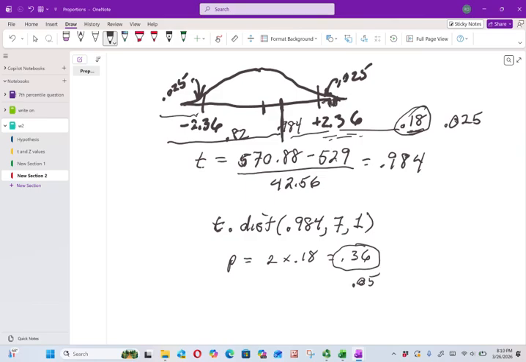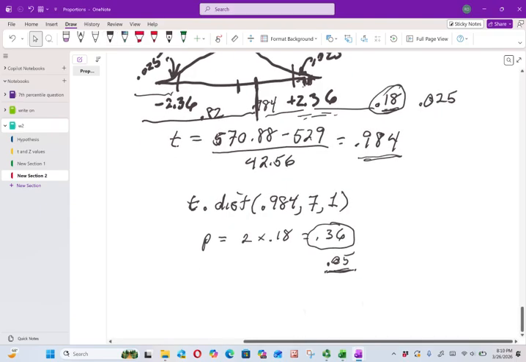The null hypothesis is not rejected. We have failed to reject the null hypothesis. And if we look at it from the p-value, the p-value is 0.36, which is much greater than 0.05, which means we're not in either tail. Or looking at it from the 0.984, we aren't at the 2.36 that would be required to reject the null hypothesis.